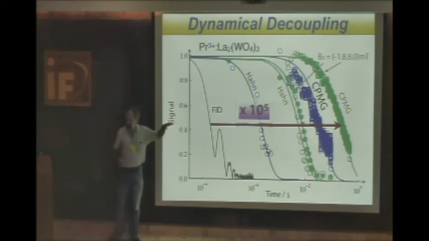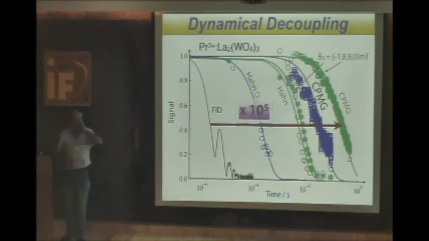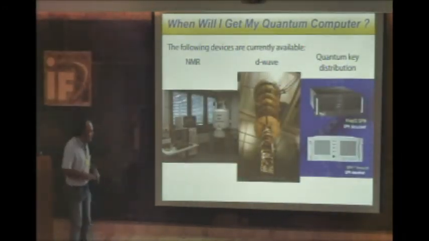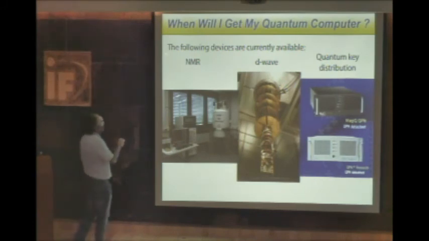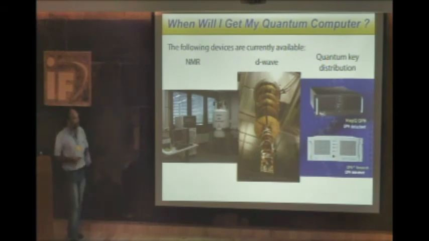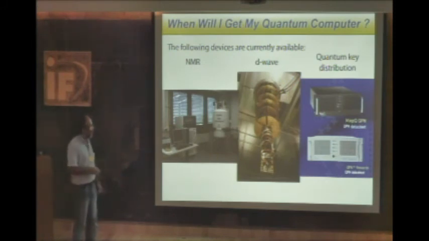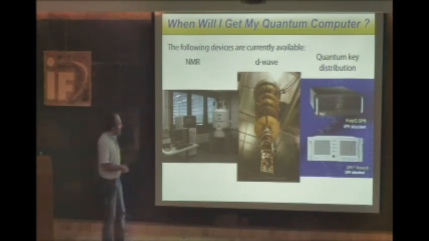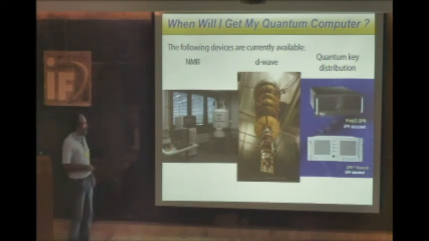Okay, so I think I should really come to the end now, but I would like to mention a few things, not so much scientific ones, but maybe initiate a discussion here. Why don't we have quantum computers available yet? Well, I would say we have them. I mentioned one type of quantum computers which you can buy. That's nuclear magnetic resonance or electron spin resonance, whatever you like.